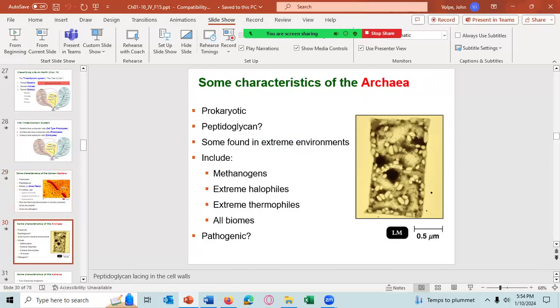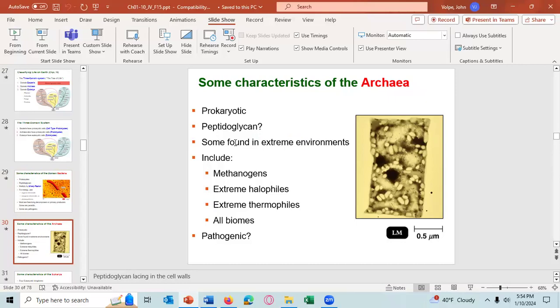Let's briefly talk about the domain archaea. All of them are prokaryotic cells. They do not have peptidoglycan in their cell walls. Peptidoglycan is a molecule actually only found in the domain bacteria. Some of the archaea are found in extreme environments, and that was the first place we found archaea, an extreme environment.